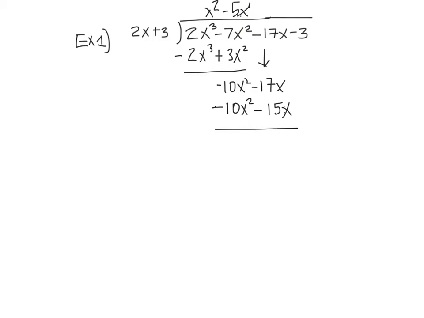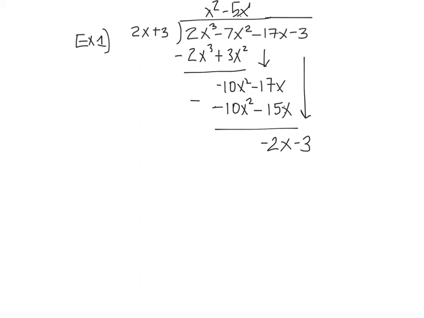Okay. Subtract. So this becomes 0. So negative 17 minus negative 15. So that will be negative 2x. And then when I get negative 2x, I'll bring down the negative 3.